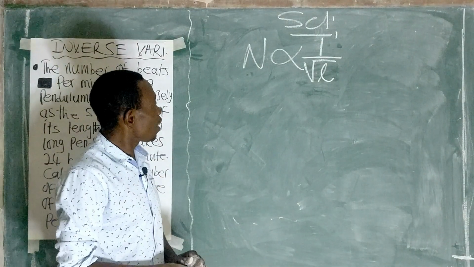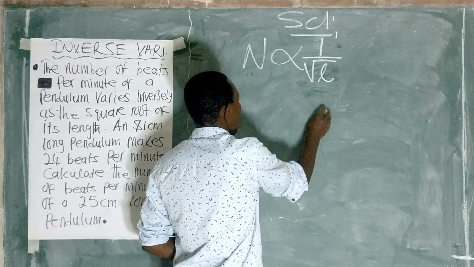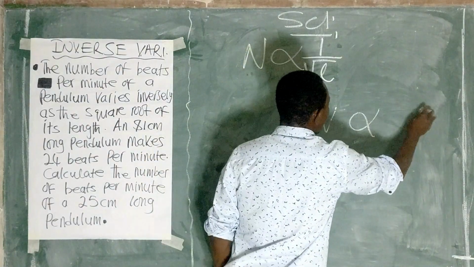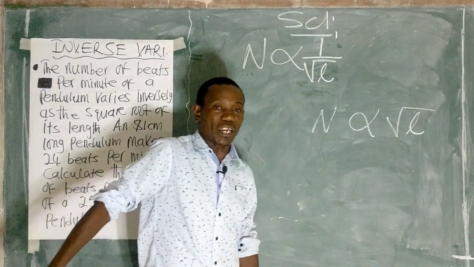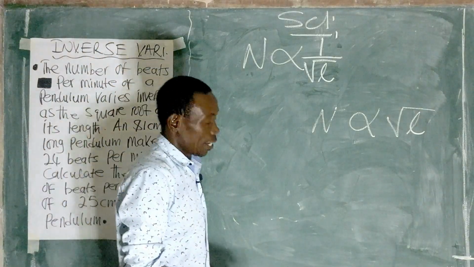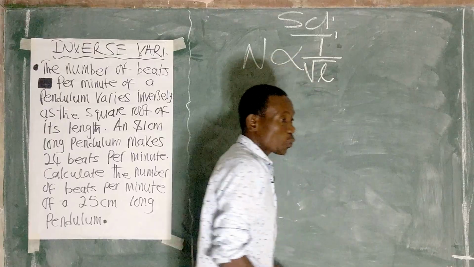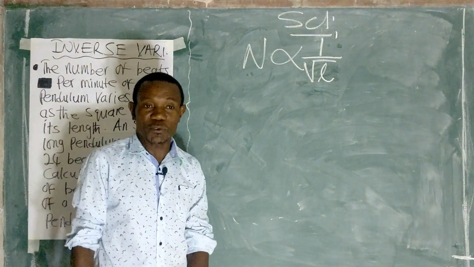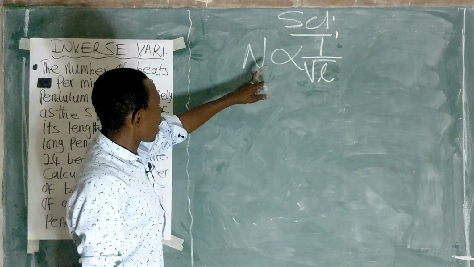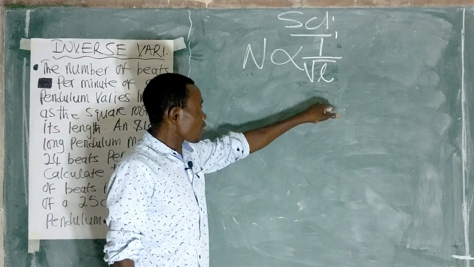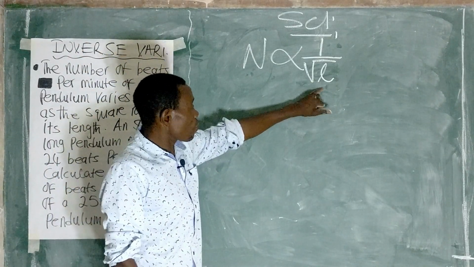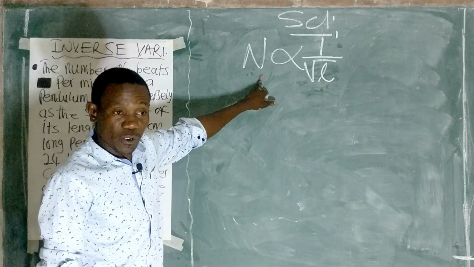If it was direct, I would have just written it as the number of beats varies directly as the square root of the length. That's the difference. Now, out of this, I need to come up with the proportionality equation that will help me work out the value of N when L is known, or find the value of L when N is known.